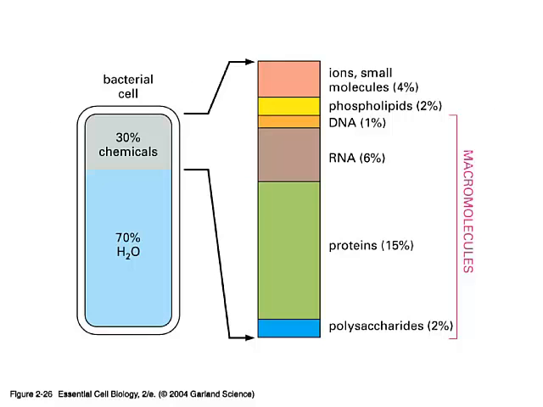So in the cell, well, it's mostly water. If we just focus on the molecules present, we'll find that most of them are macromolecules. So out of the part of the cell that's made up by chemicals, 24% of it is macromolecules, consisting of DNA and RNA, so nucleic acids, but mostly protein.